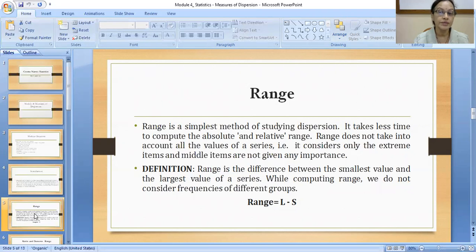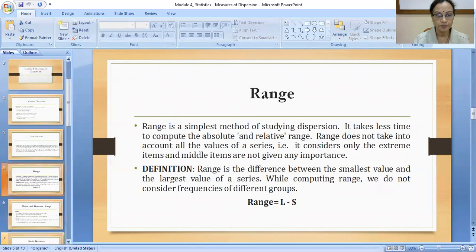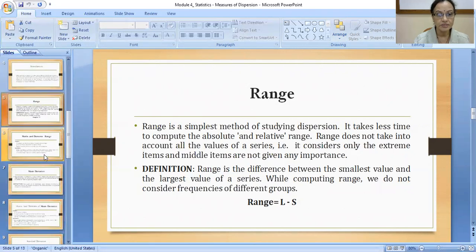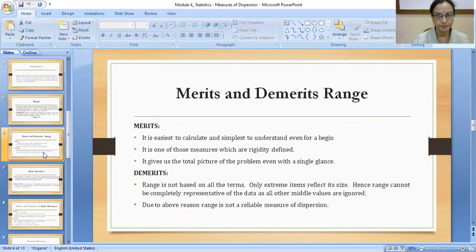The definition of range: range is the difference between the smallest value and the largest value of a series. While computing range, we do not consider frequencies of different groups. So range equals large value minus small value, a difference between the two.